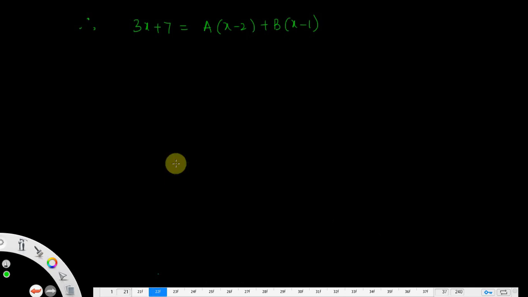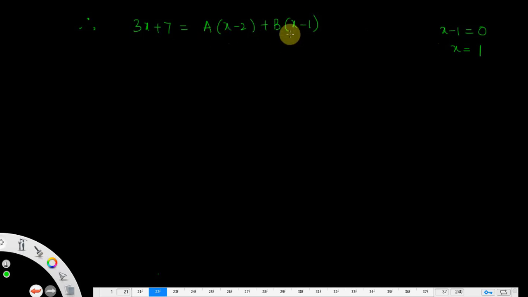First, we solve by using the cover-up method. What does the cover-up method mean? For getting the value of a, make the coefficient of b equal to 0, so that the b term is closed. Since x minus 1 becomes 0, put x equal to 1. Then the b term becomes 0 and you get the value of a.